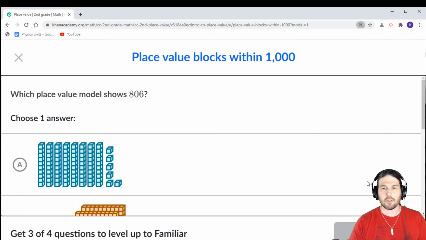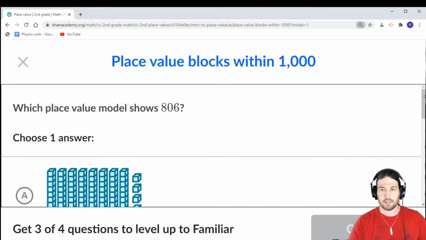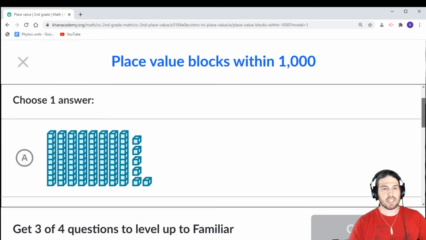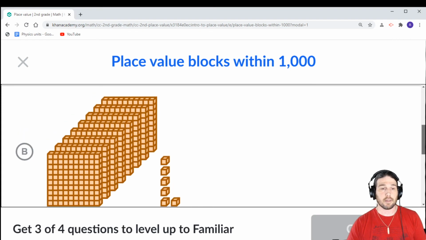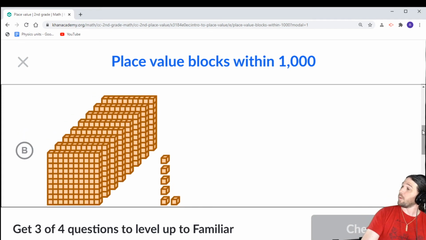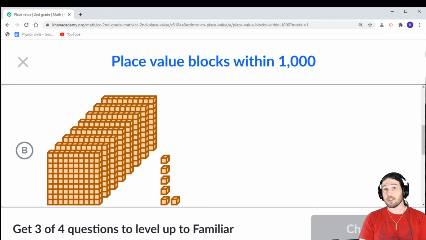Okay, so we're used to using these blocks, right? We've used these blocks before. We're looking for 806. We know this isn't 806 because these are only tens and ones, right? This is only a two-digit number. But here on B, now we have these big square blocks, and those square blocks are each 100.